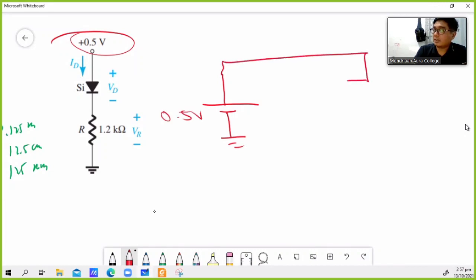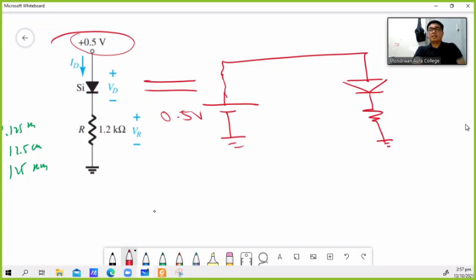So that circuit can also be represented using this one. So pareho lang yan. So equal sila. Okay. So this is silicon and then this is 1.2 kilo ohms for the load. The question is, ano yung pinapanap dito? Determine V sub D. So this is the first one. V sub R.